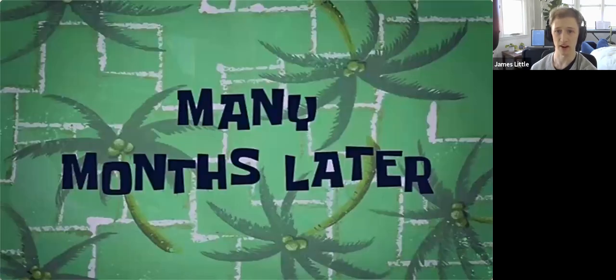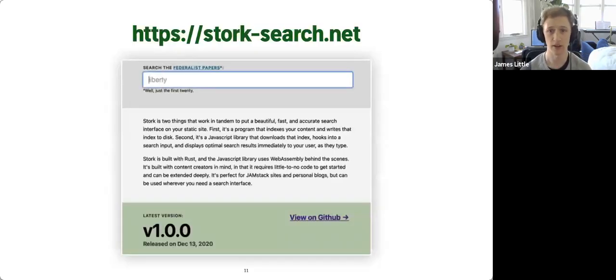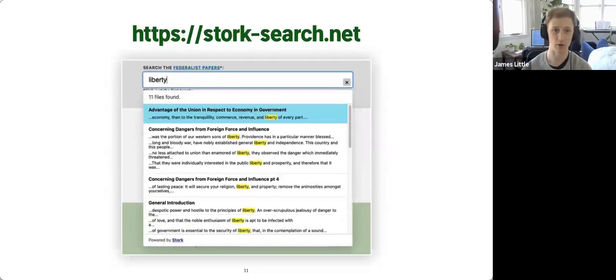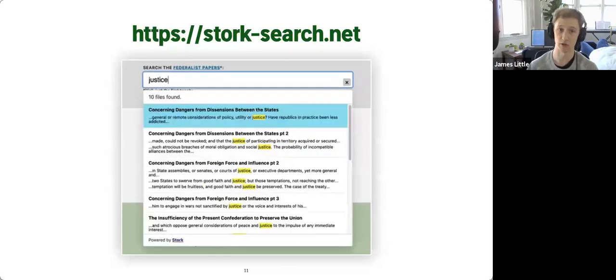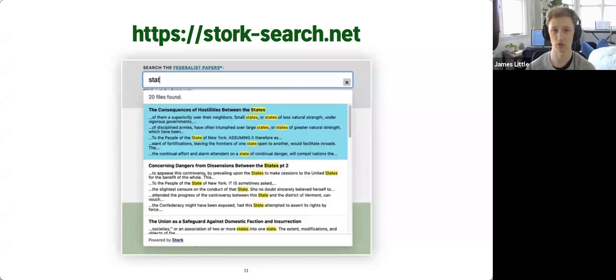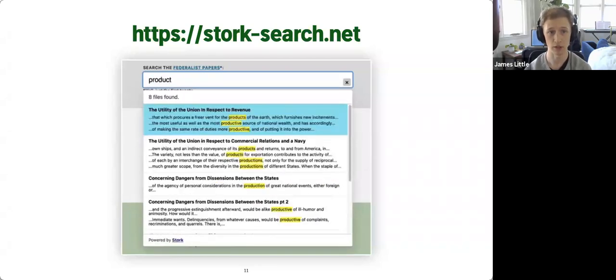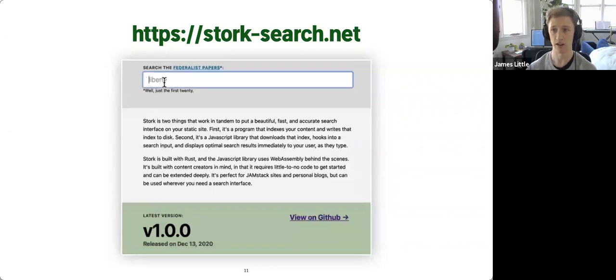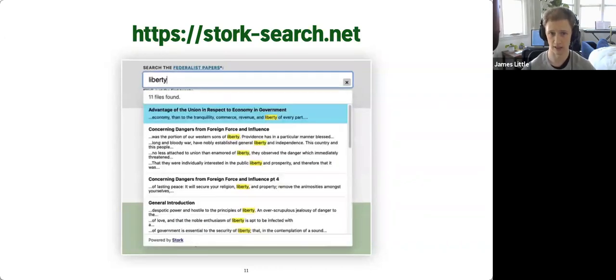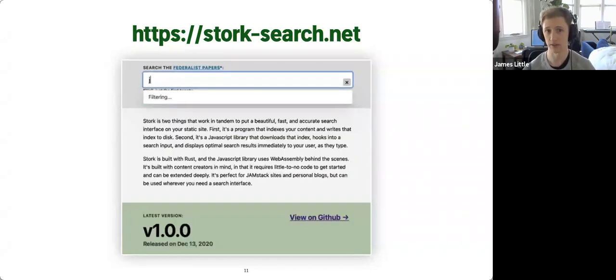So many months later, I had completed the first version of what was Stork. And this is the demo that I have on the website. I really just screen recorded it. So the search result resolution is really this fast. You feed all of your content into a command line tool, and it will generate a search index file, which, like an image, is just a bag of bytes.